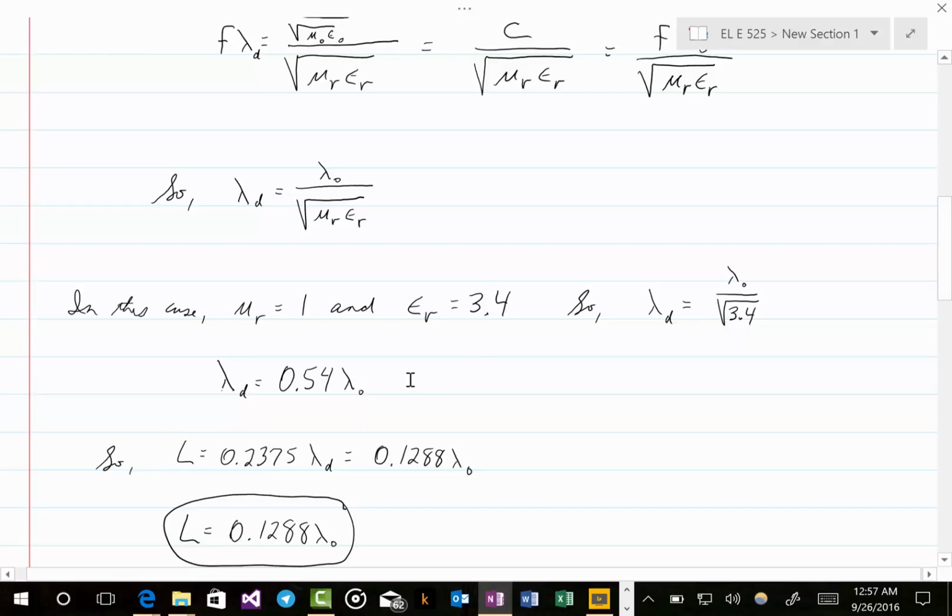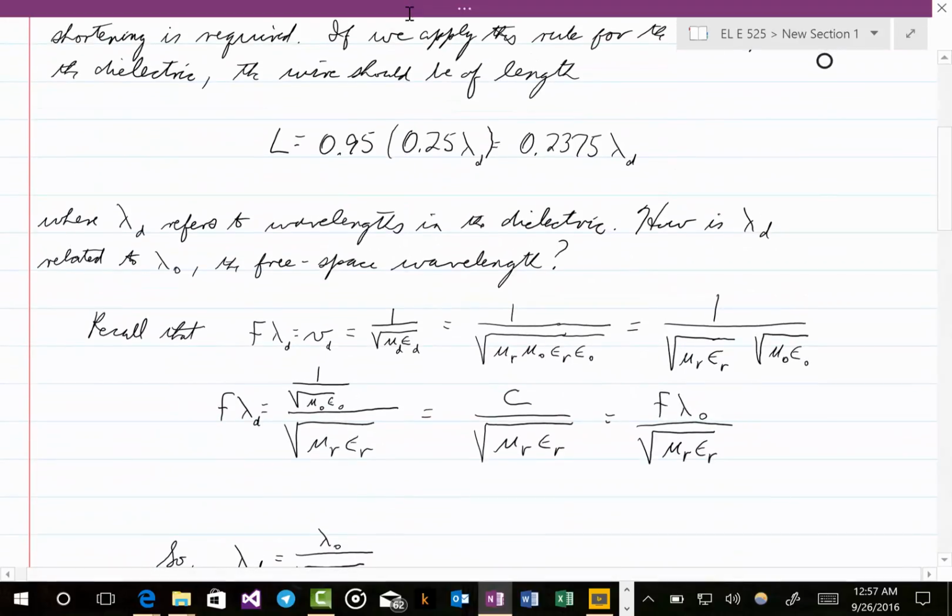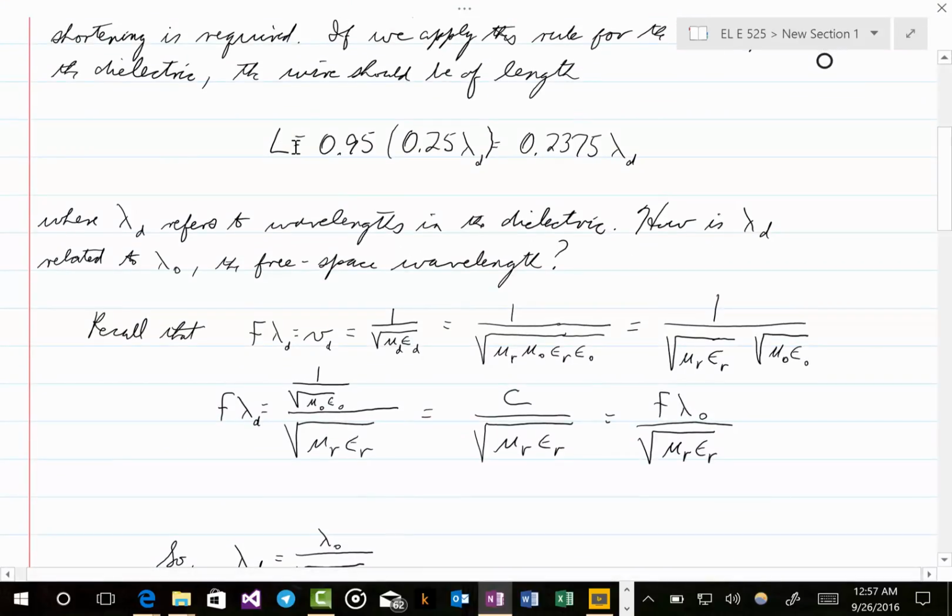And therefore, if we return to our earlier calculation, remember that L, the appropriate length of this quarter wave monopole embedded in the dielectric, is 0.2375 lambda d.